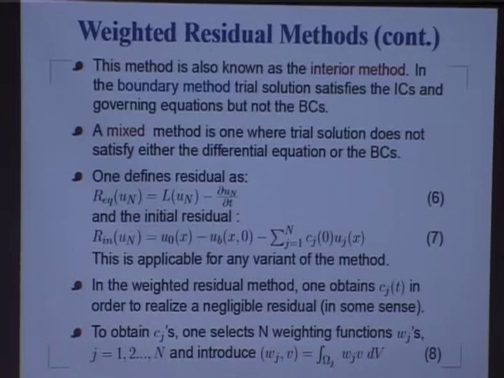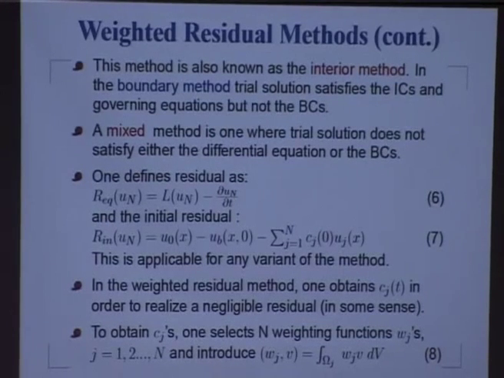Now, even if I decide to choose the trial solution in such a way that my intention is to satisfy the differential equation, and I plug it into the differential equation as given in the right hand side of 6 here, you would notice that even with your best intention, that quantity will not be equal to 0, and that is your residue, or the solution error that we talked about.